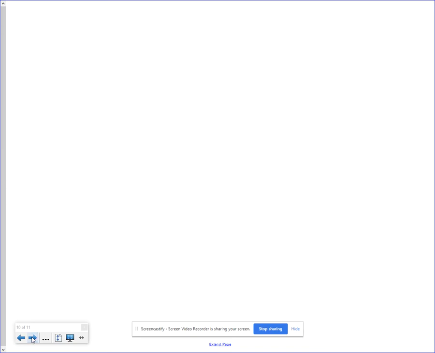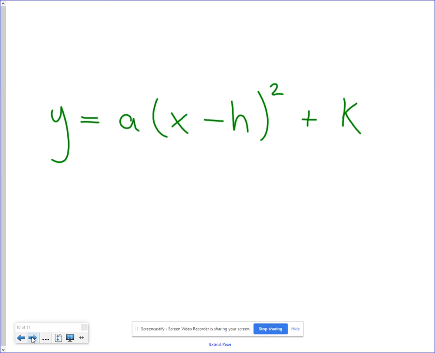So a recap of what we've seen. When you have an equation in the form y equals a times the quantity x minus h squared plus k, the k value moves it up or down. The h value moves it left or right.